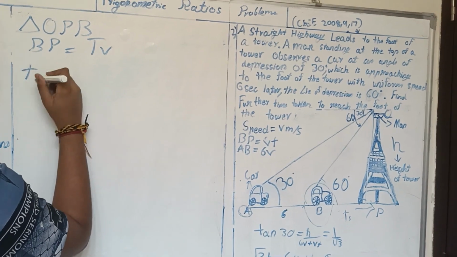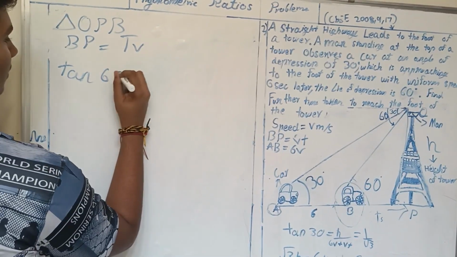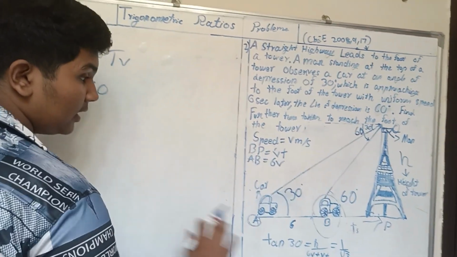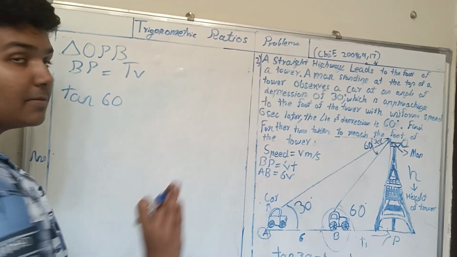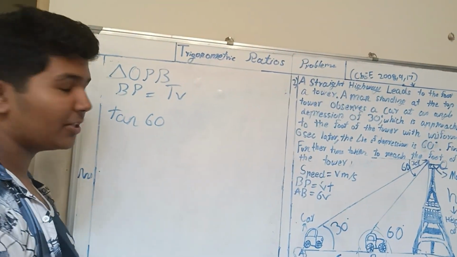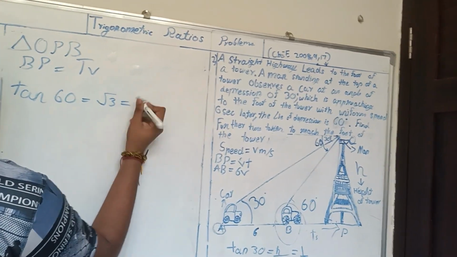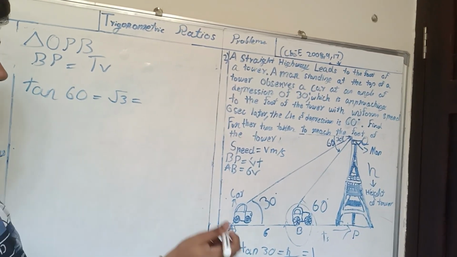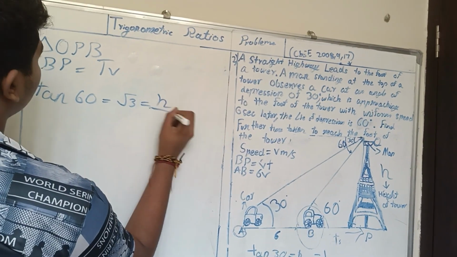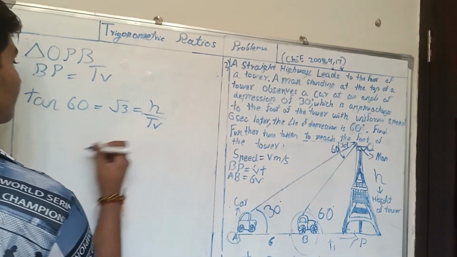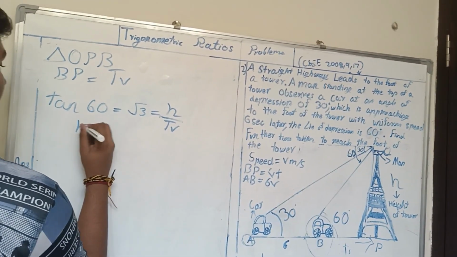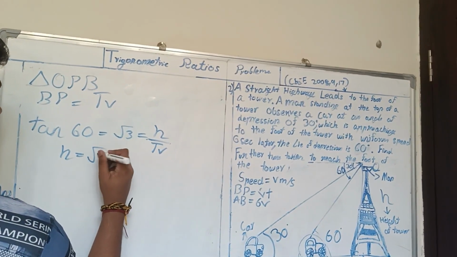So we will take tan 60, because the car, when it reached after 6 seconds, the angle of depression became 60 degrees, right? Hence tan 60 is root 3, which is equal to h by Vt. So cross multiply, h is equal to root 3 Vt.